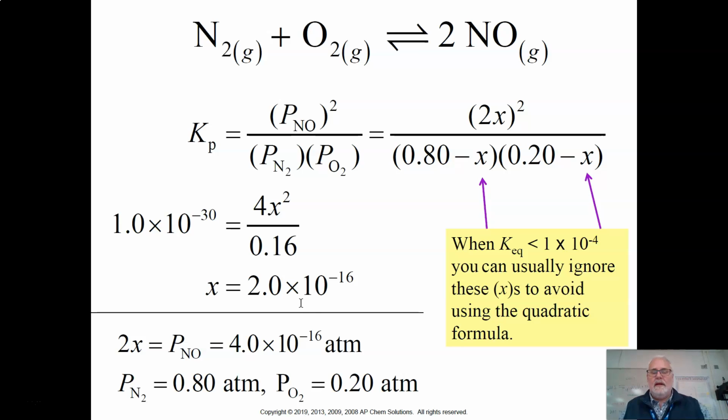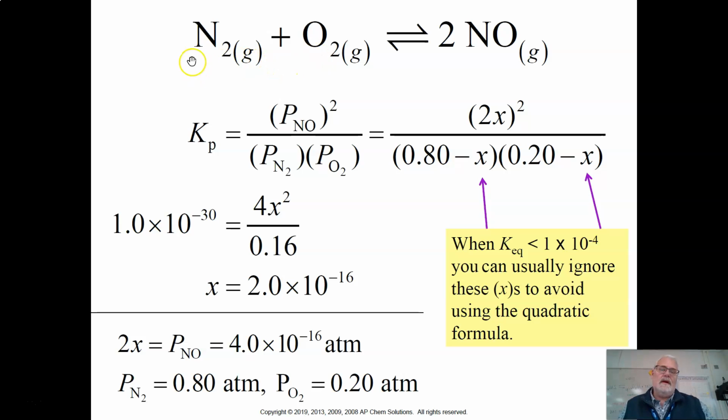Now, what does that mean to us here? Well, that means if you were trying to find this NO, it would be 2 times x, which is 4.0 times 10 to the minus 16th. Easy math there. The nitrogen and the oxygen, 0.80, 0.20.